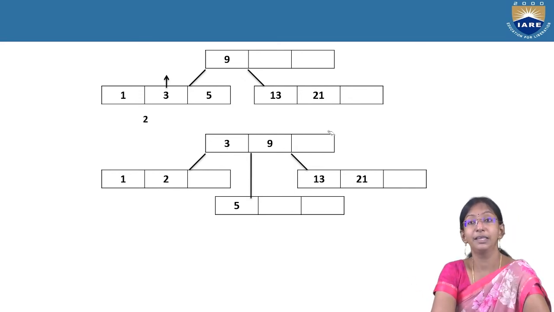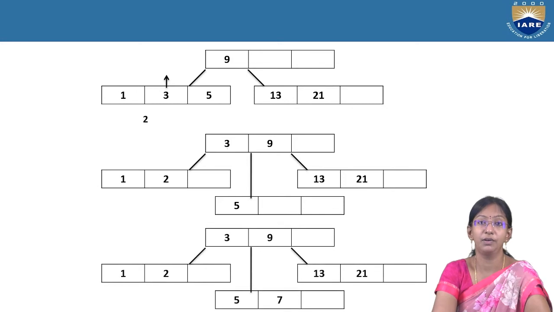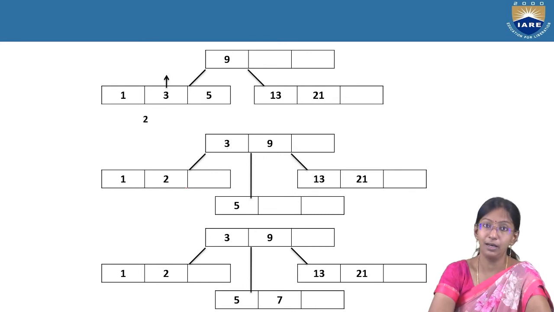Okay. What is the next element to be inserted? 7. 7 is greater than 3, whereas less than 9. That means it is going to go to a child which is right to 3 as well as left to 9, right? This node has vacant cells, so we are going to place 7 in ascending order.